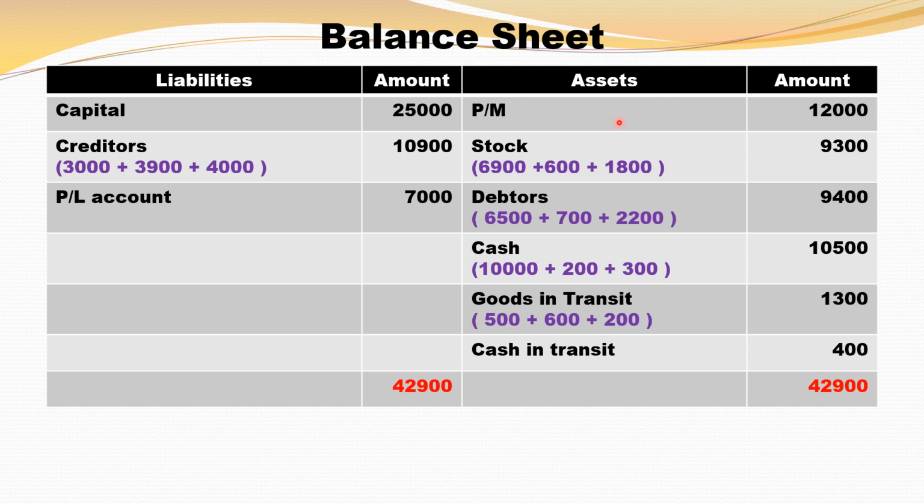Plant and machinery appears only in head office; there is no plant and machinery in branch A and B. Then we have stock, head office stock plus the two branch stocks. Debtor, head office debtor plus A branch debtor and B branch debtor. Cash, head office cash plus A branch cash plus B branch cash. Then goods in transit, there are three goods in transit, 1,300. Then cash in transit given in adjustment, 400. So in total we get 42,900.